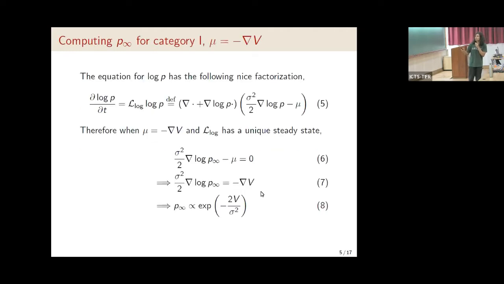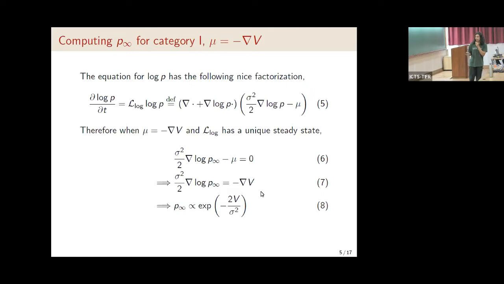Let's look at how you can compute P∞. For category 1, meaning μ is minus grad V for some V, you can write down the equation for log P. And this has a very nice factorization: L log P factorizes into two terms.